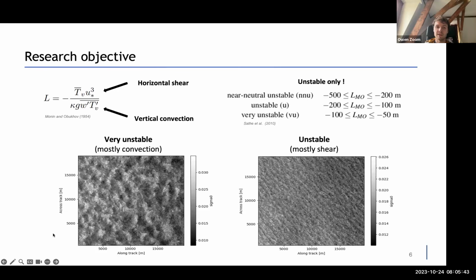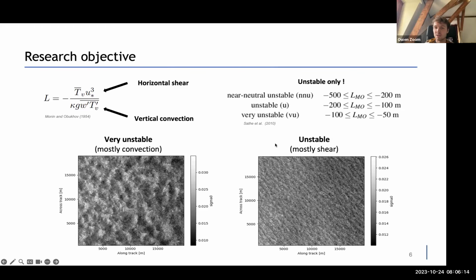So then if we would want to try and quantify what type of atmospheric state we have, we could look at a surface layer stability metric, such as Obukhov length, which is like a ratio between horizontal production or shear production of turbulence and convection production of turbulence. So if we know that in the left scene, we have these convective plumes, this is probably very unstable because we have a stronger vertical convective component.